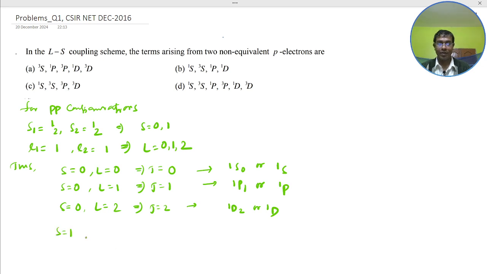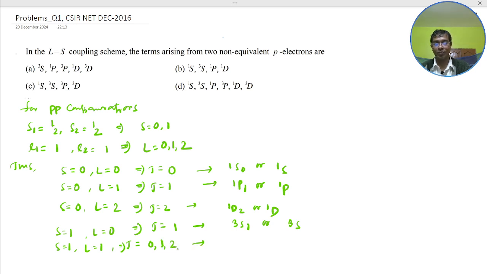Now S1 L0, J is 1, so 3S1 or 3S. Next one S1 L1, J is 0, 1, 2.